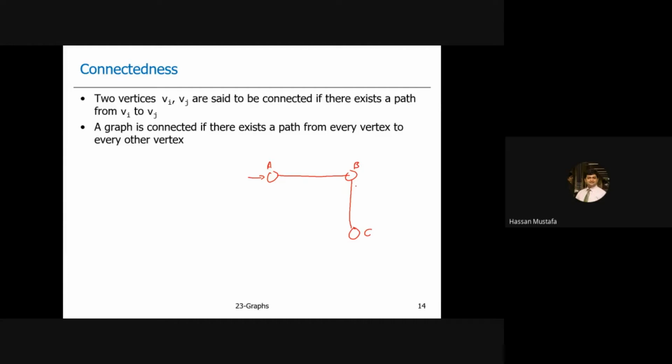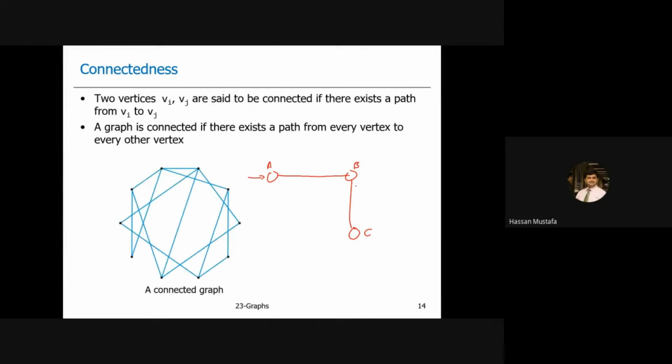Similarly, if you want to see if an airline has destinations to all the countries in the world or not, you would like to check the connectedness of the graph that you have maintained for this specific airline's operations. So the connectedness shows you the extent of the information that can flow from one end to the other end. I hope this makes sense.